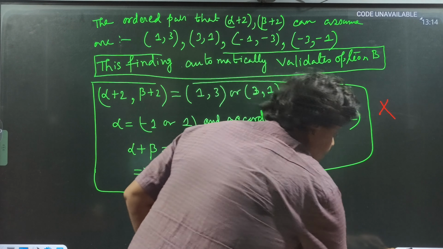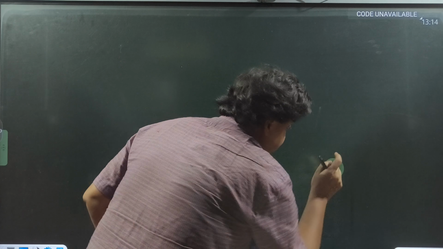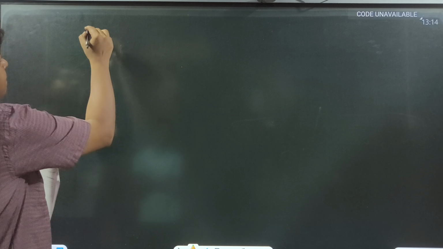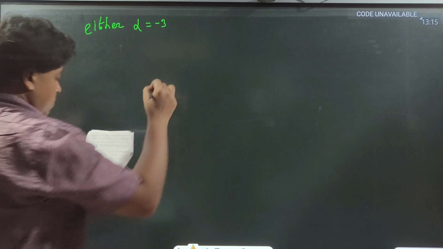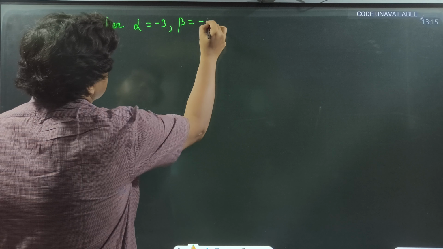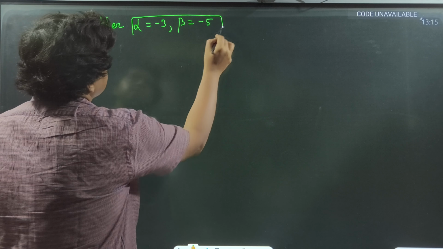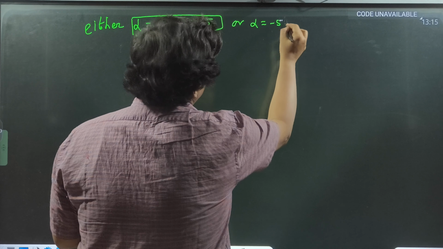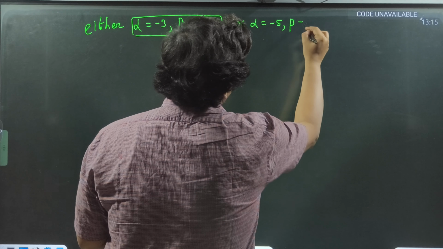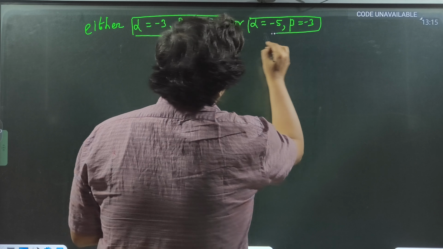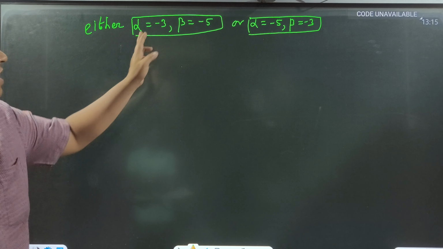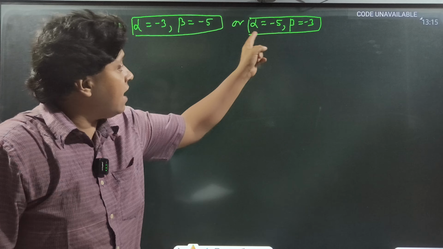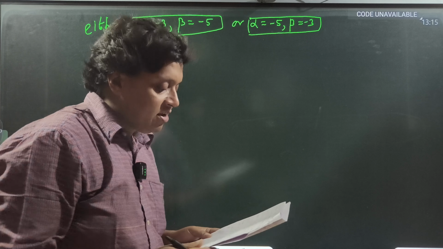So from these we should have a change of color as well. So either alpha is equal to minus 3 and beta is equal to minus 5, or alpha is equal to minus 5 and beta is equal to minus 3.